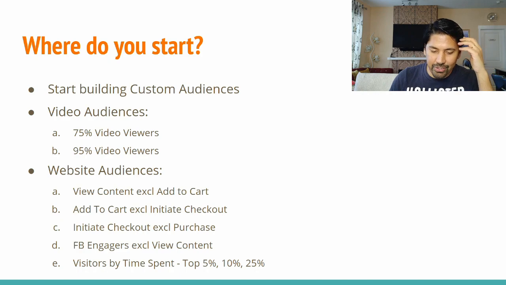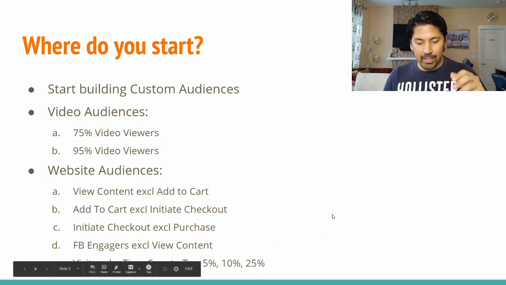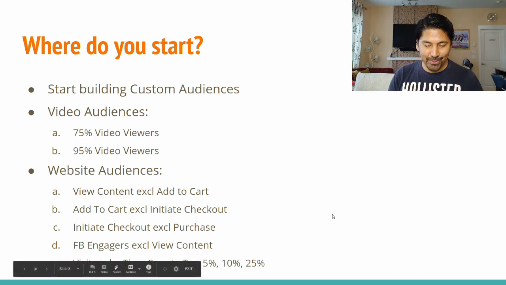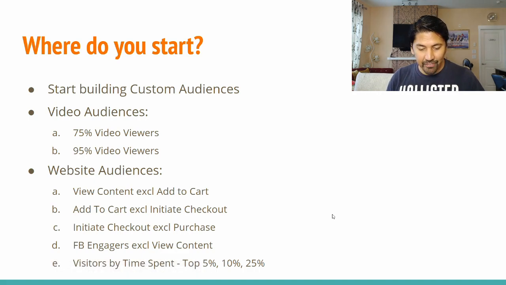And lastly, you can also classify people by time spent. And this is also an interesting metric, visitors by time spent, which classifies them into how long they spent on your website. So the top 5% of people who spent the longest on your page are also probably the most interested in the product, right?